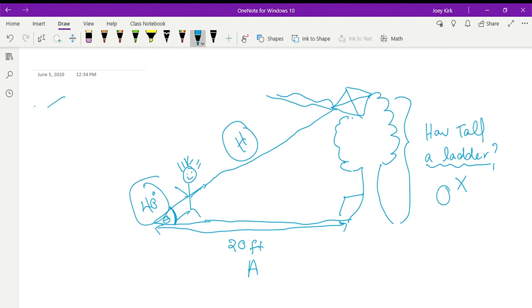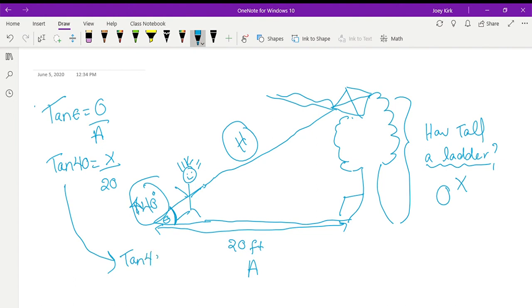So tan of my angle tells me the length of the opposite over the length of the adjacent. Tan of 40 will tell me the length of the opposite, which is x, over the adjacent, which is 20.